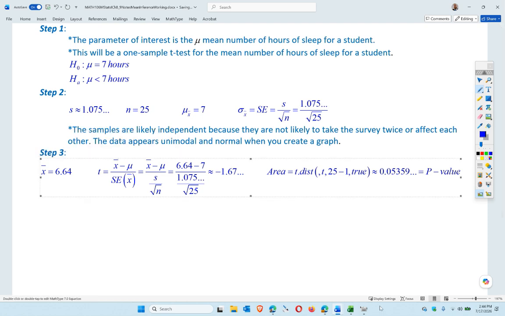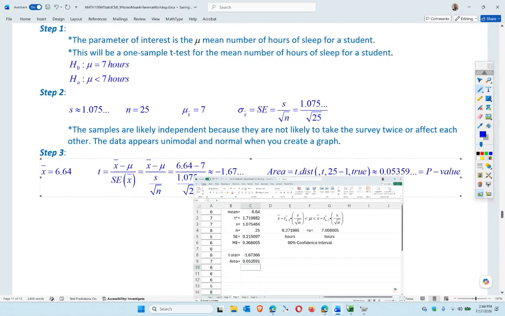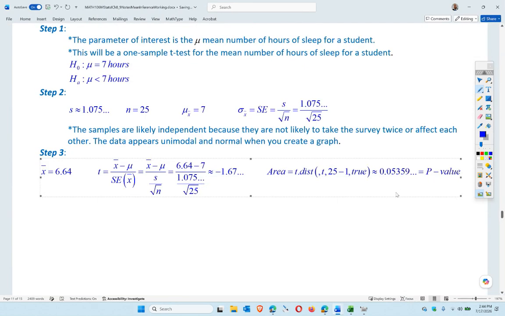Okay, so that's what we got there, 1.67, right? 1.67 for the t-stat, and we got this area here, which looks like that area is in fact greater than alpha, right? So we'll do step 4. Step 4, the p-value is clearly bigger than alpha.